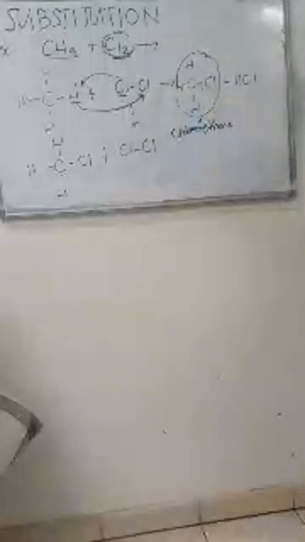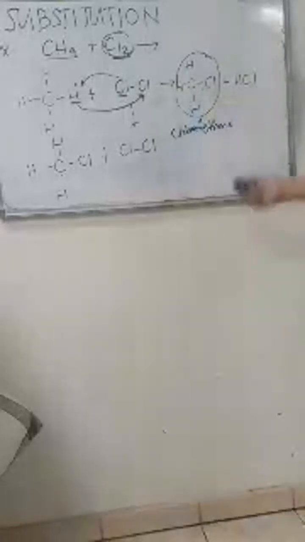Sorry guys, my whiteboard is very small. Chloromethane will be here now as your reactant, again plus chlorine gas. The structural formula of chlorine gas is chlorine, chlorine: 2 atoms, subscript 2. Meaning chlorine plus chlorine.